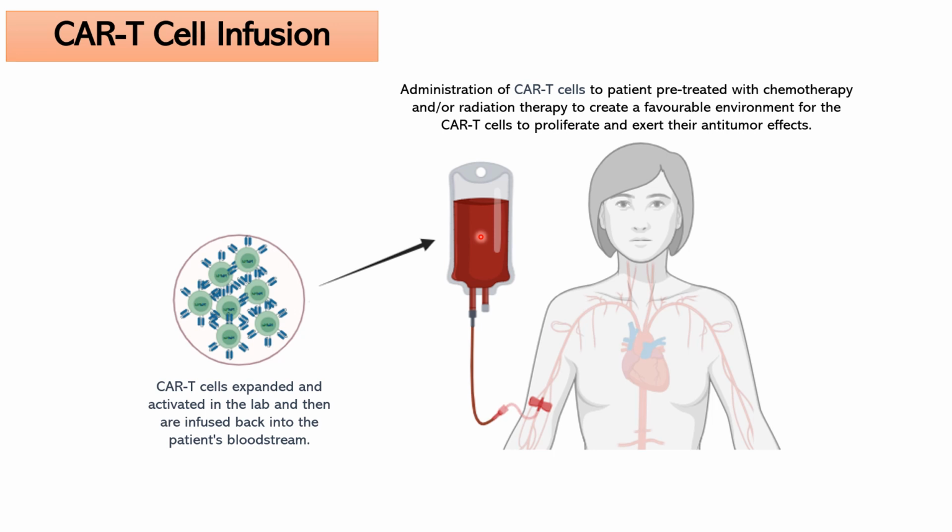However, before the CAR T cells are infused back to the patient, usually cancer patients undergo some type of chemotherapy or radiotherapy, and this will kill a lot of cancer cells and make the tumor microenvironment more favorable once the CAR T arrives. So the CAR T cells will be able to divide and also exert their anti-tumor effect within the tumor microenvironment.